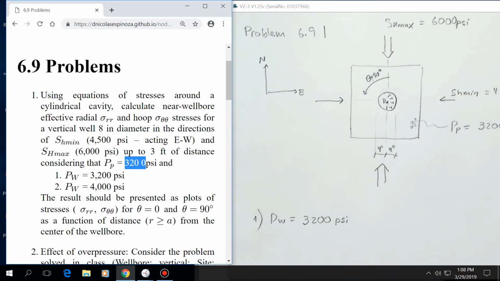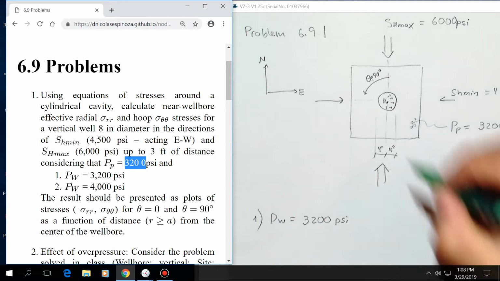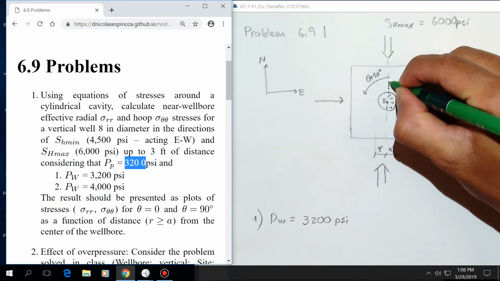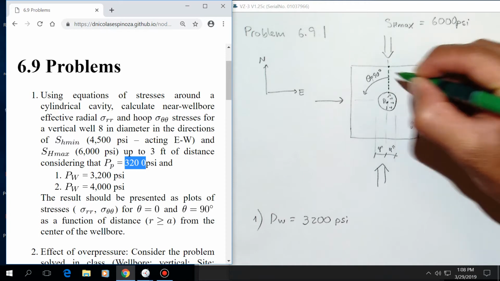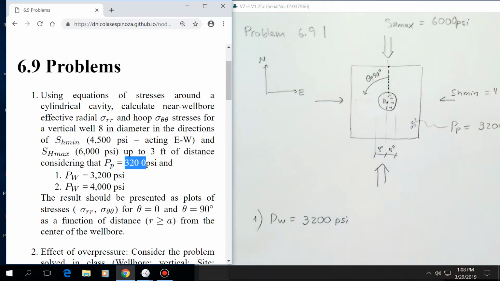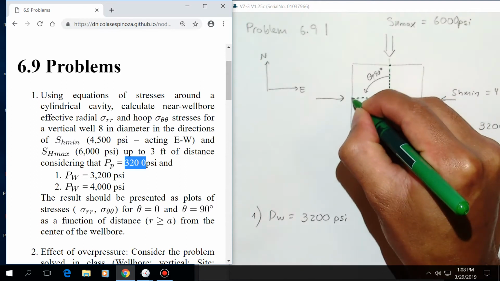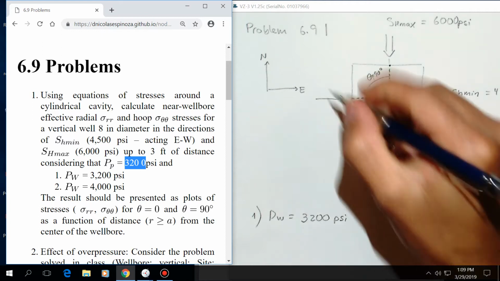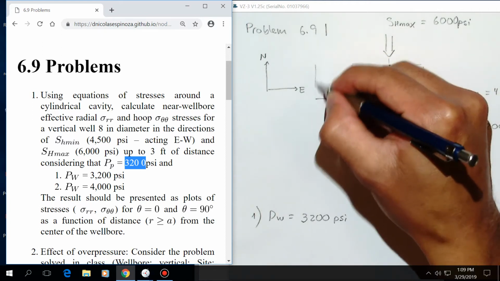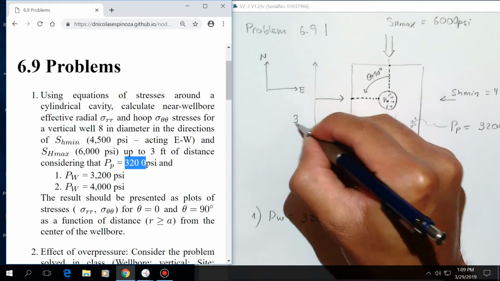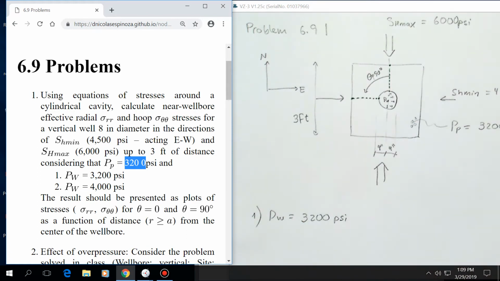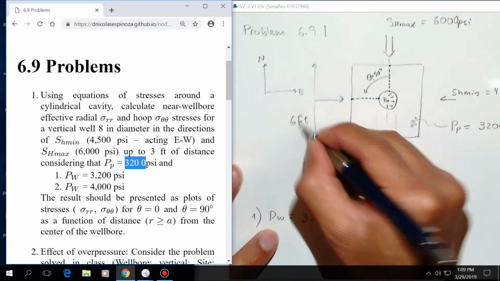So I'm asking you to compute both sigma RR from here, from the wall of the wellbore to there, at theta equal to 0, and also in this line at theta equal to 90, where we're saying that the size of this block is actually 6 feet. 6 feet, because I'm saying that I want you to compute from the wall of the wellbore, which is 4 inches, up to 3 feet.